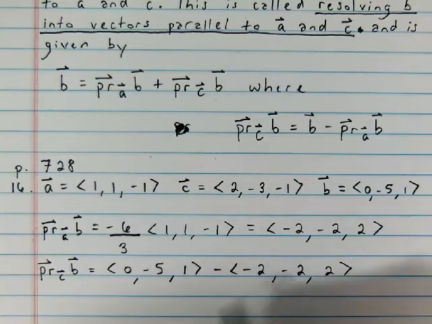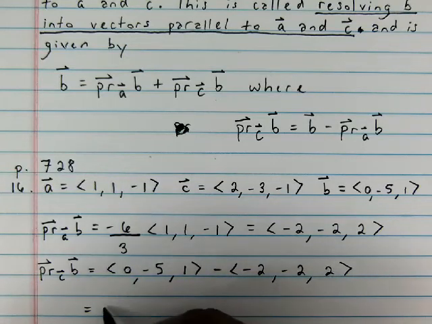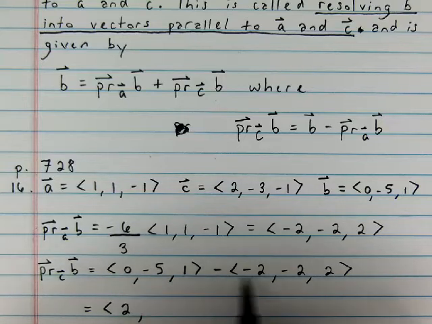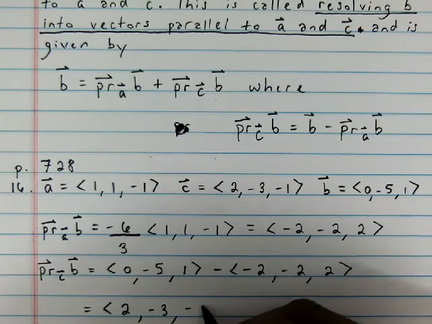So notice the subtraction is much easier than doing a dot product and a magnitude and all that good stuff. So we have 0 plus 2, which gives us 2. And then we have negative 5 plus 2, which gives us negative 3. And then we have 1 minus 2, which gives us negative 1.